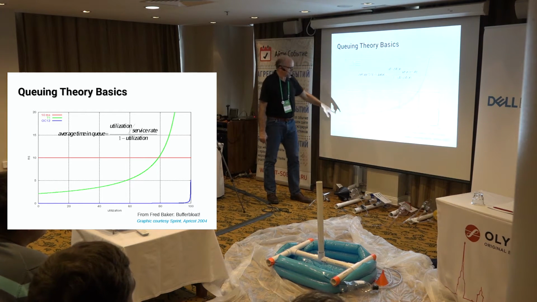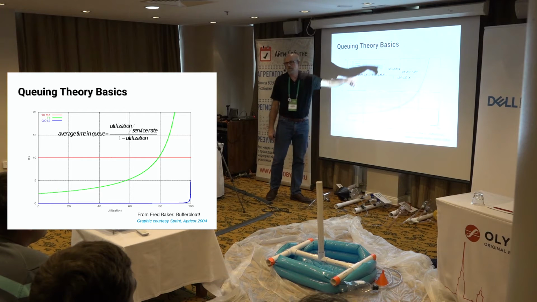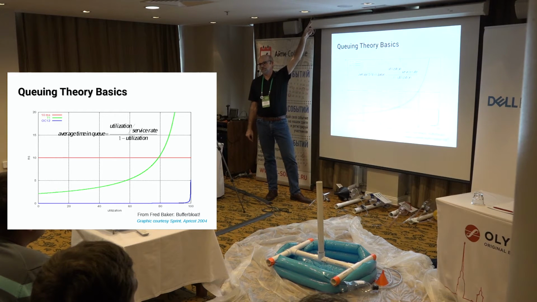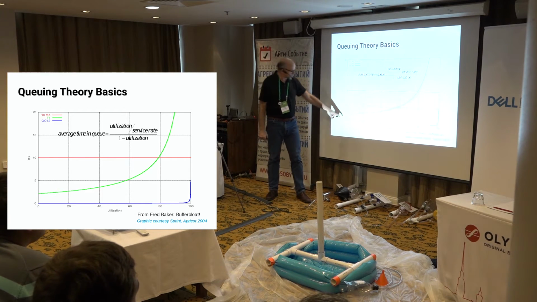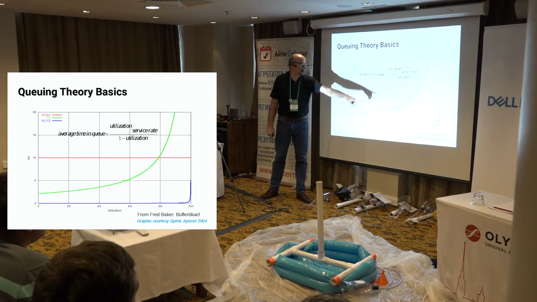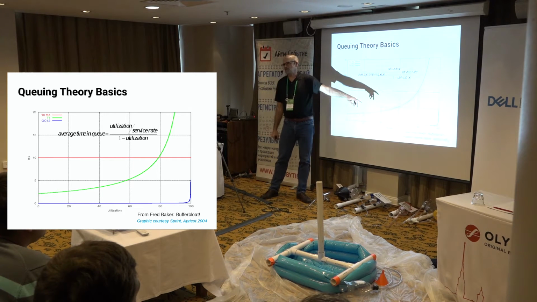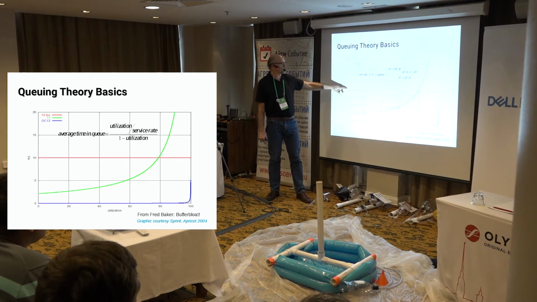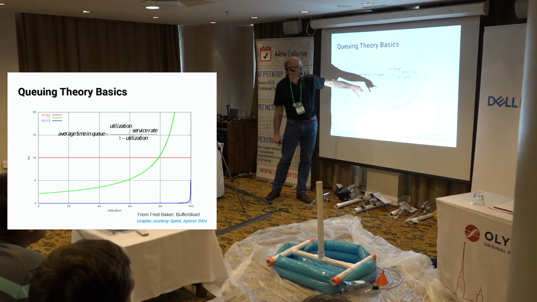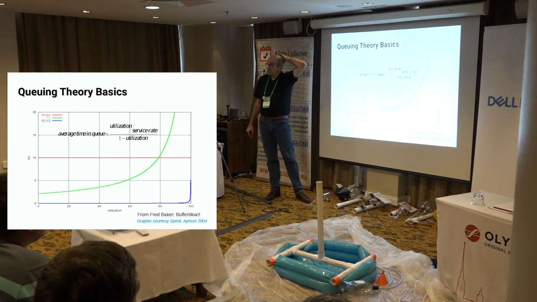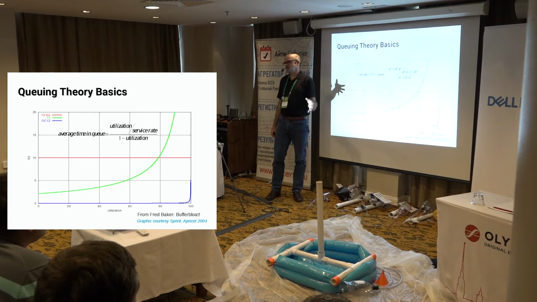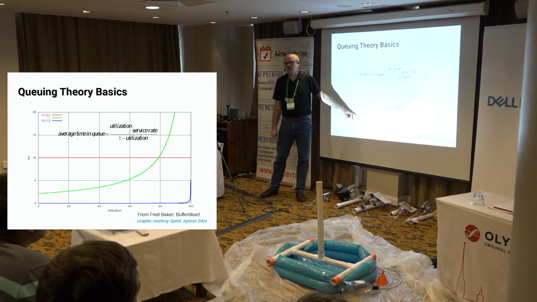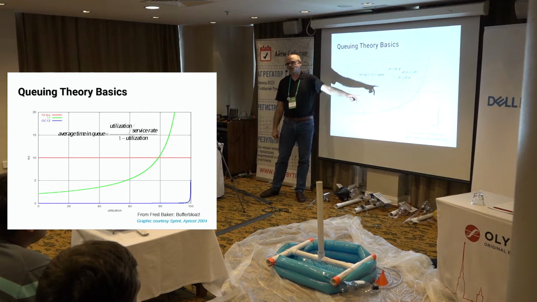So basically, as every queue gets full, the delay goes to infinity. So if you have a really fast network, the blue one at the bottom, it looks really fast, really low latency, till all of a sudden you hit the wall and it goes off the end. If you have a really slow network, the green one gradually increases. So what does that mean? If you have really fast connections, you won't experience this until you finally hit the wall.